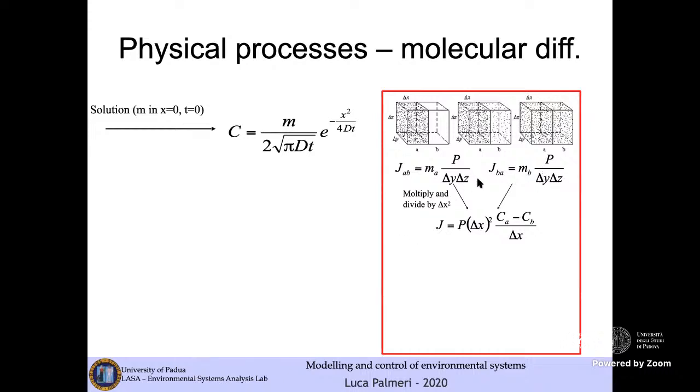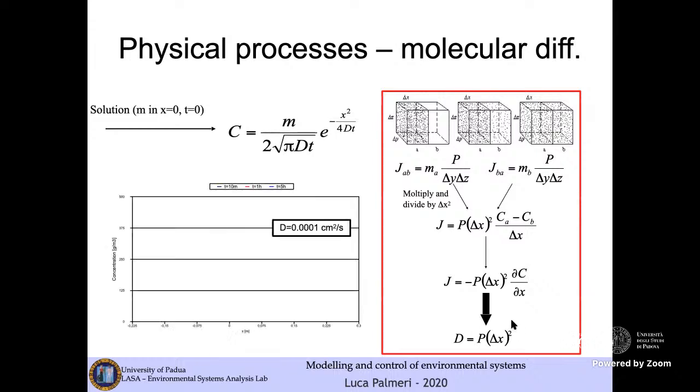If you multiply and divide by the square of the x, then you end up with this equation. And this equation allows you to understand that the dispersion coefficient has to do with the probability of matter moving along the x direction.